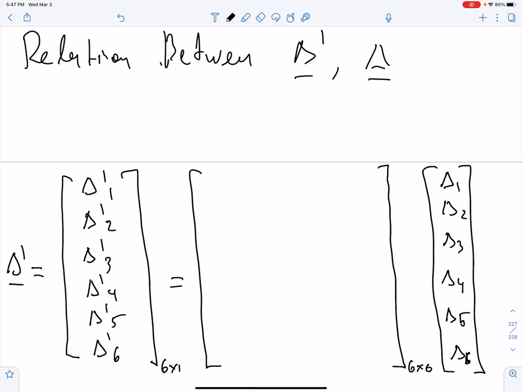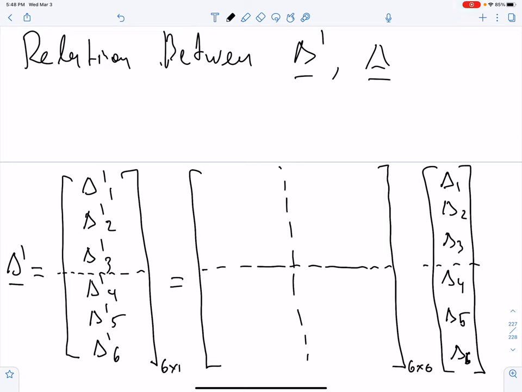Next, I'm going to separate the quantities at node I and the quantities at node J like this. So this gives me a 2 by 2 partition of this matrix.